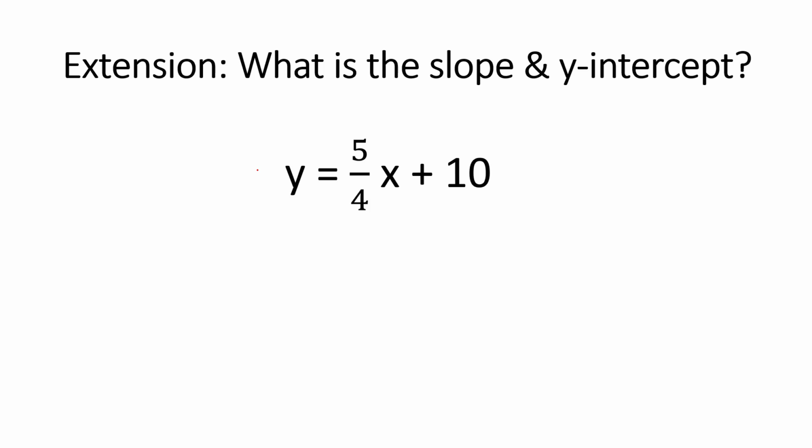Think on this for just a second. Okay, this one's really easier than you thought. The slope, the value in front of x, m is equal to 5/4. And the y-intercept, the value sitting in the b position.